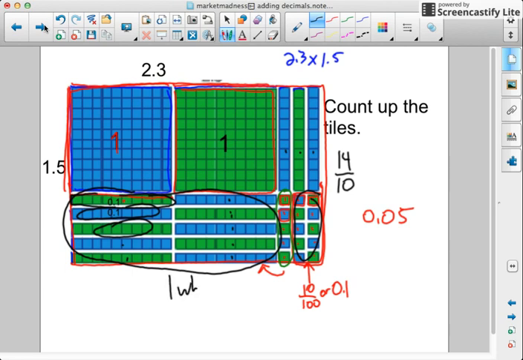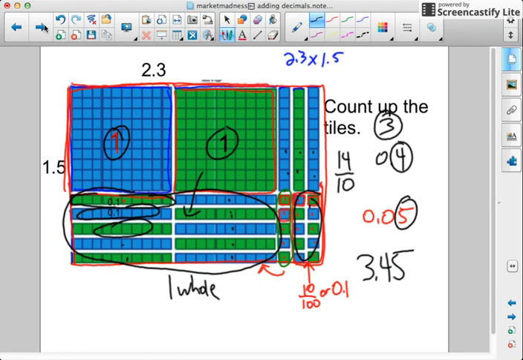So that regroups to 1 whole, and I have these 4 tenths left over. Now I'm going to count up my wholes, which I have 1, 2, and then this one that I regrouped here would be 3. So I end up getting 3.45. That is my solution. This could take some practice, but we'll get it.